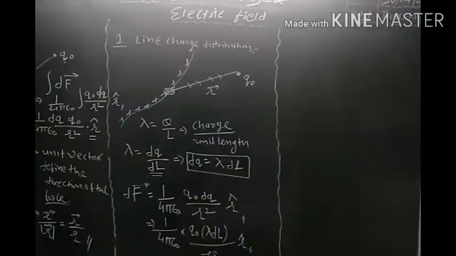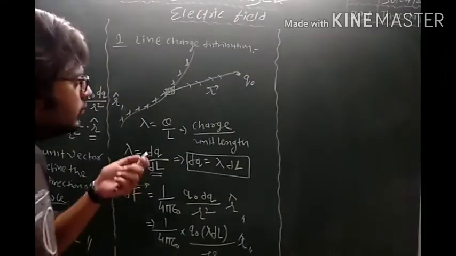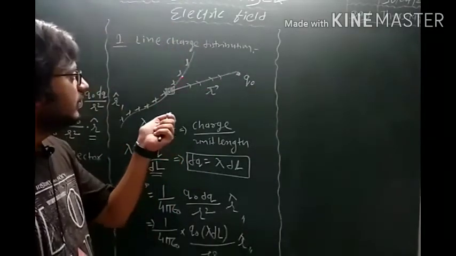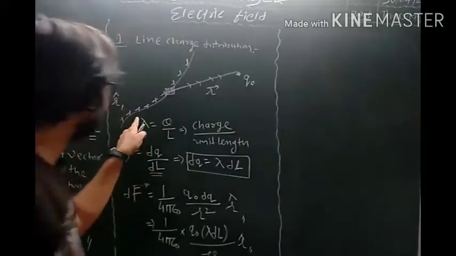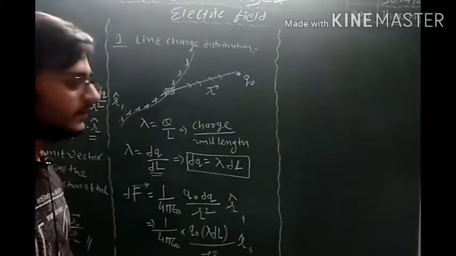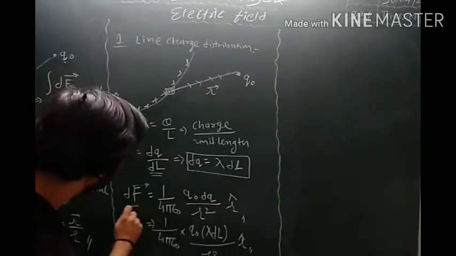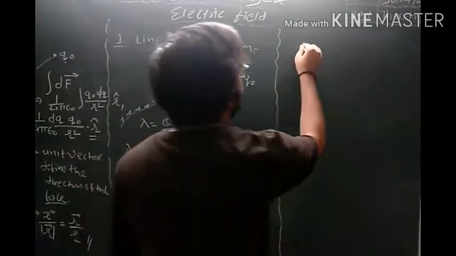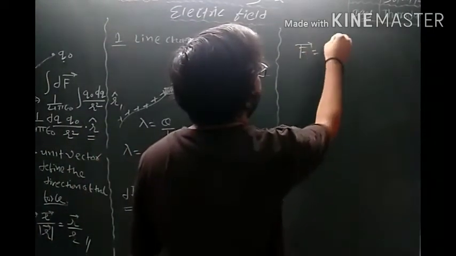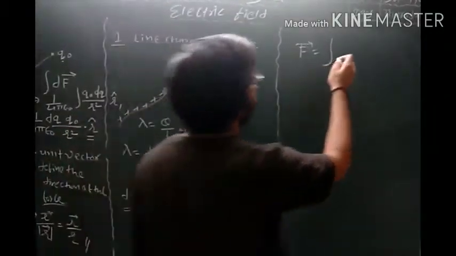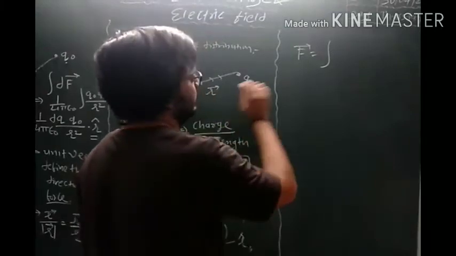Now here we want to find out the total force exerted due to all this charge distribution lying on this line. So by the superposition principle we integrate this small force. Then we get the total force acting on this q naught charge due to all the charge lying on this line.